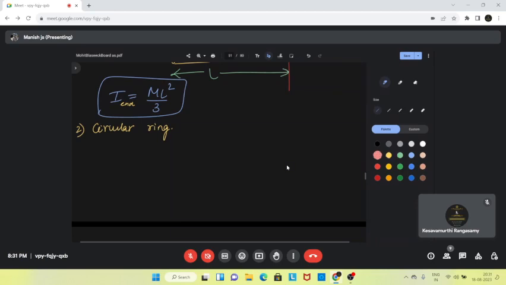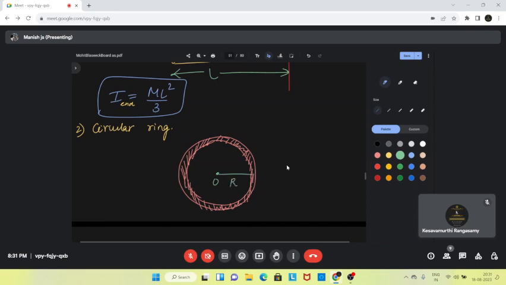For a circular ring, you draw the ring like this. A very small thickness you just show, and you shade it like this. This is a ring. This is a circular ring, it has a center O, and obviously this length is its radius.